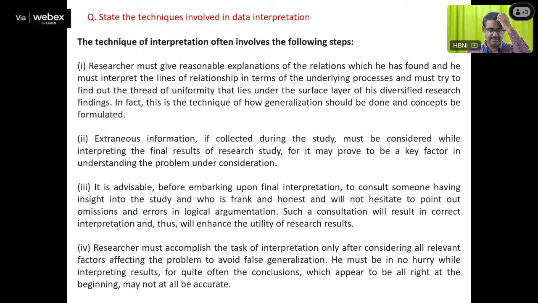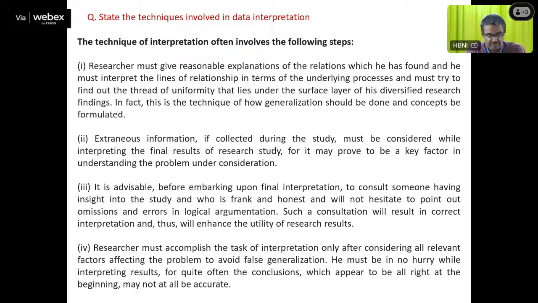State the techniques involved in data interpretation. These are the different techniques involved in data interpretation. The researcher must give a reasonable explanation of the relations which he has found, and he must interpret the lines of relationship in terms of underlying processes, right? Extraneous information, if collected in a study, must be considered.